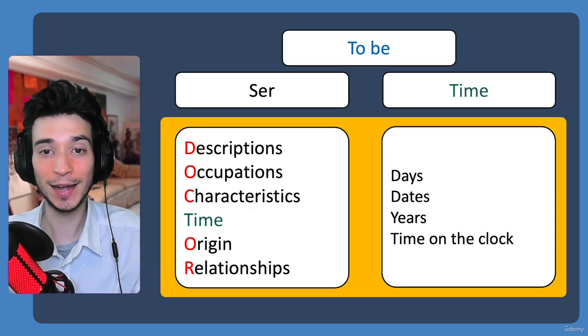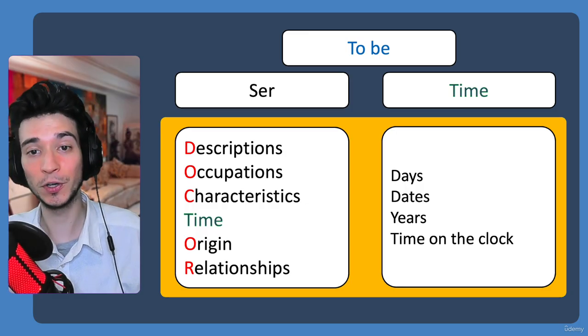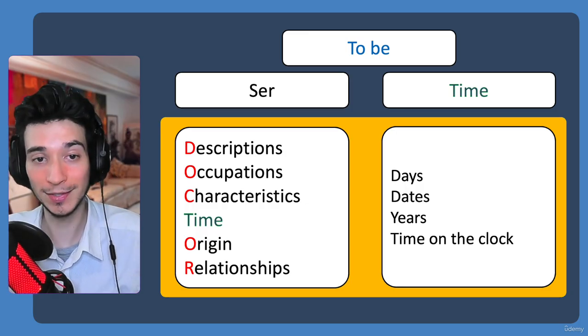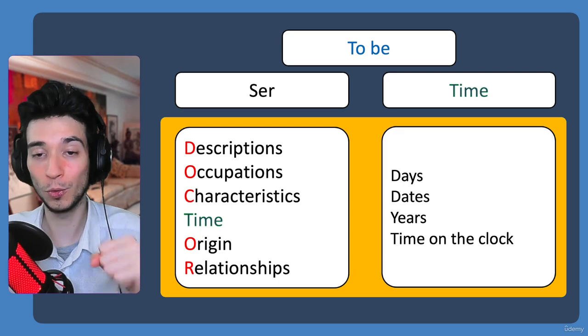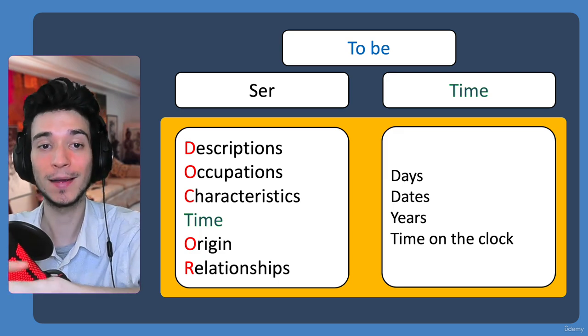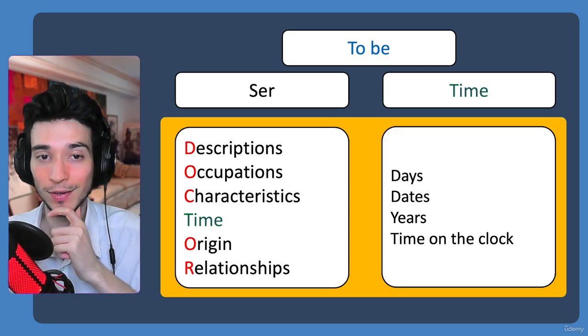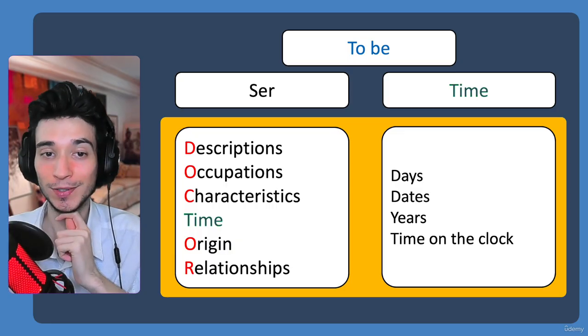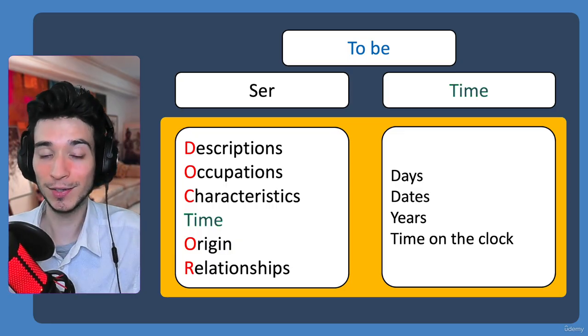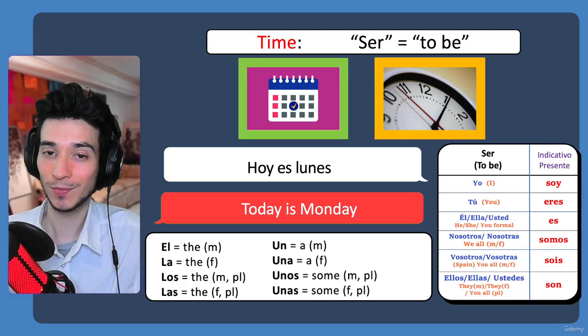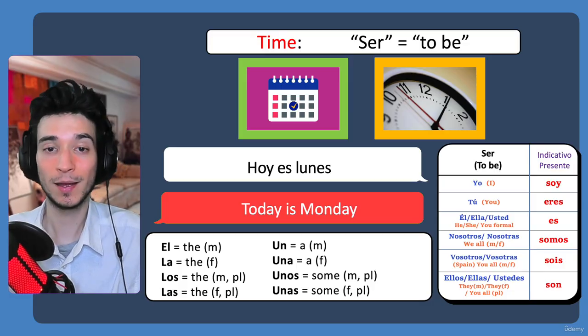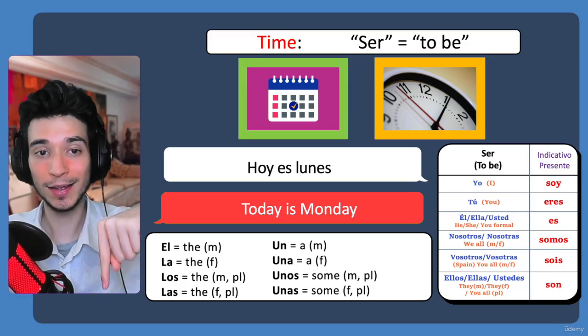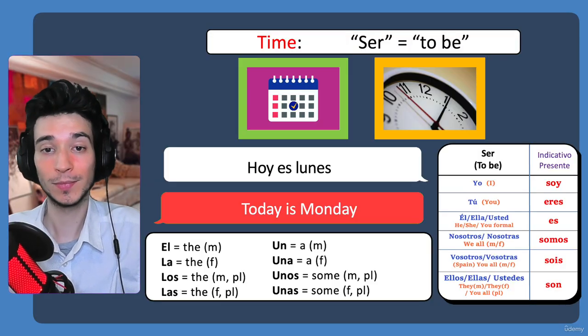Here we have the time. So time refers to days or the date, years, or the time on a clock. So yeah, days, dates, years, or time. Let's try some examples. The first one is hoy es lunes.